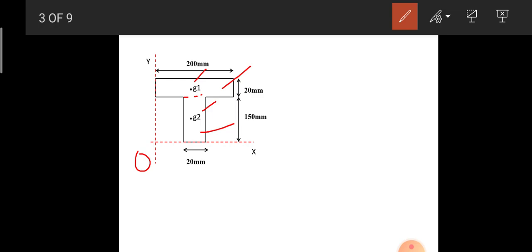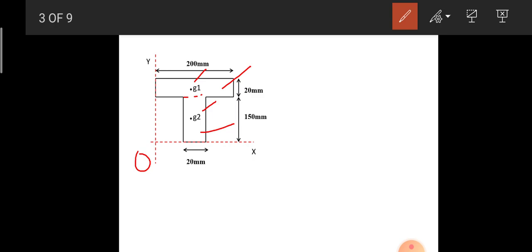So here one is the rectangle in the flange part, and second is the rectangle of the web part, that is, 20 into 150 is the web part rectangle, and 200 into 20 is the flange part rectangle.